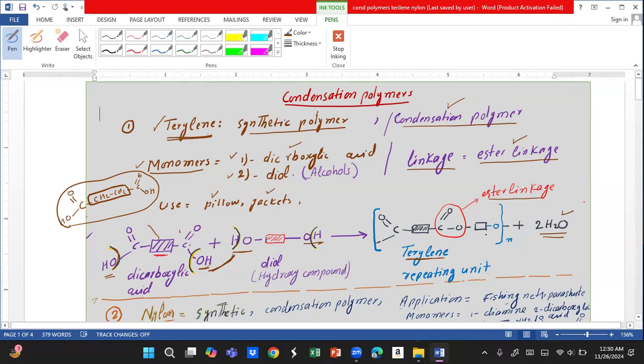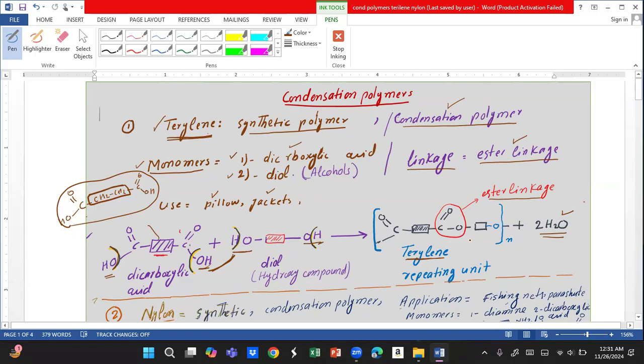This is one repeating unit, and this way you can join many more monomers, but this pattern will stay the same: carboxylic acid, diol, or hydroxy compounds. So you will get this repetition in the whole polymer, right?